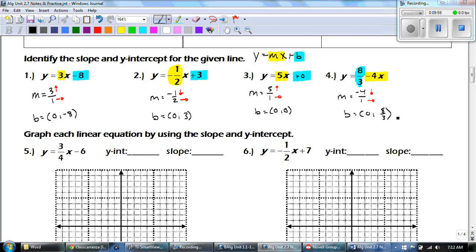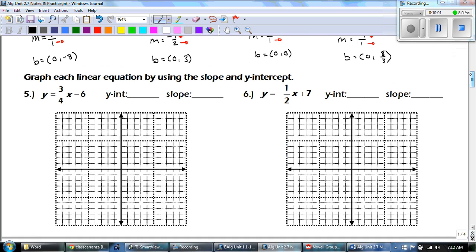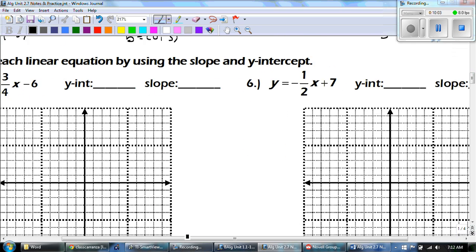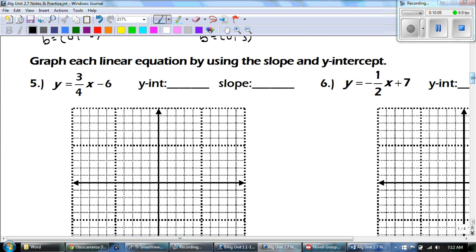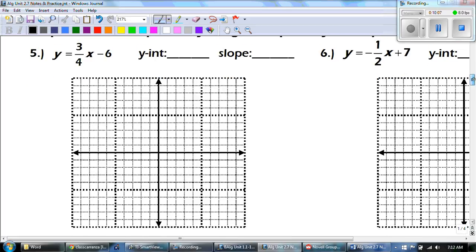Now let's get to the fun part: graphing. So what we need is our slope and our y-intercept. They ask us for the y-intercept first, so that's going to be 0, -6.